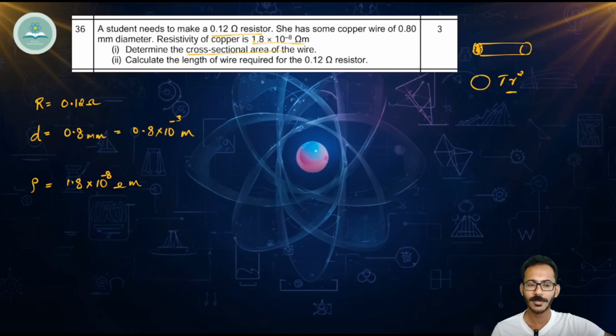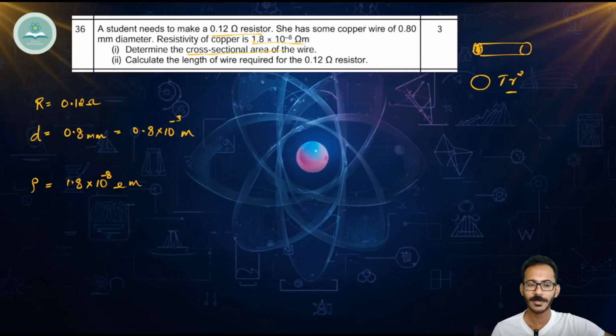Already diameter is given here. We know the radius is half of diameter. So r is equal to d by 2, that is equal to 0.8 into 10 raised to minus 3 divided by 2. So 0.8 divided by 2 will get 0.4 into 10 raised to minus 3 meter.